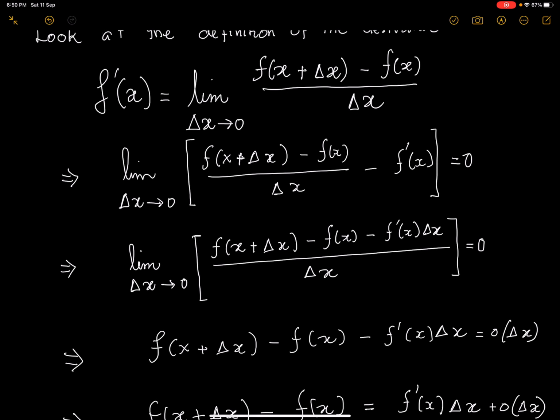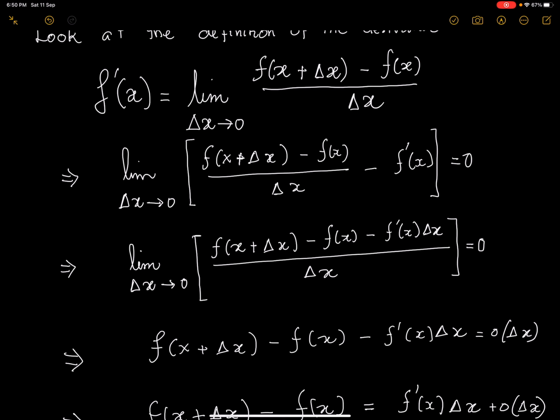So what you have is the limit as delta x goes to 0 of f of x plus delta x minus f of x minus f dash x delta x, divided by delta x, is equal to 0. Which means the quantity in the numerator, f of x plus delta x minus f of x minus f dash x into delta x, when divided by delta x, goes to 0 as delta x goes to 0.